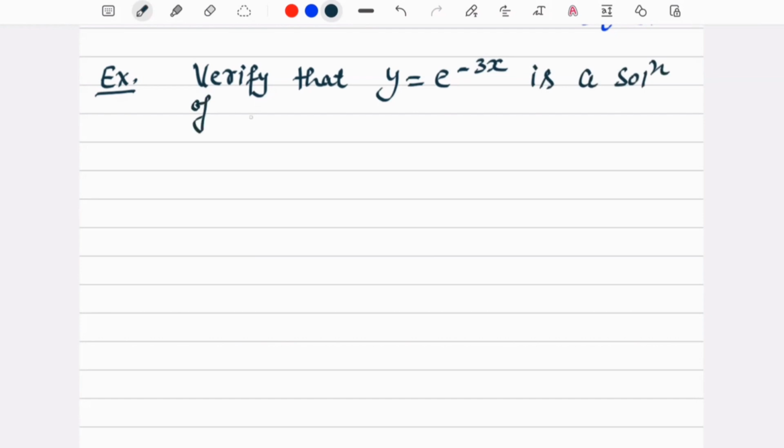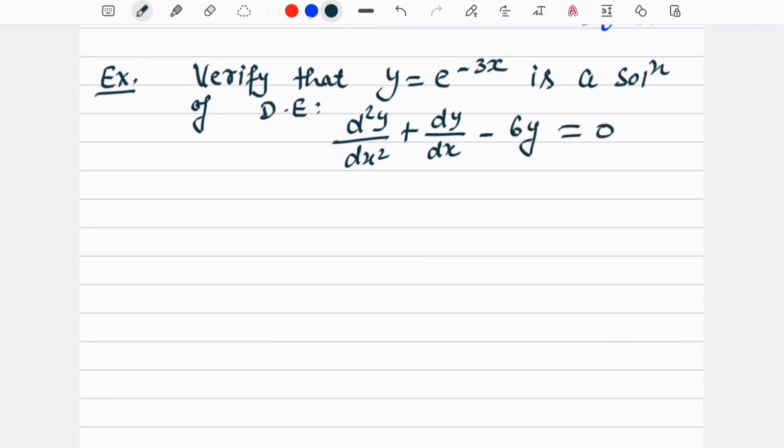Verify that y equals e raised to minus 3x is a solution of the differential equation d square y by dx square plus dy by dx minus 6y equals 0. This is the question. Can you solve it? Yes sir, I'll solve it.